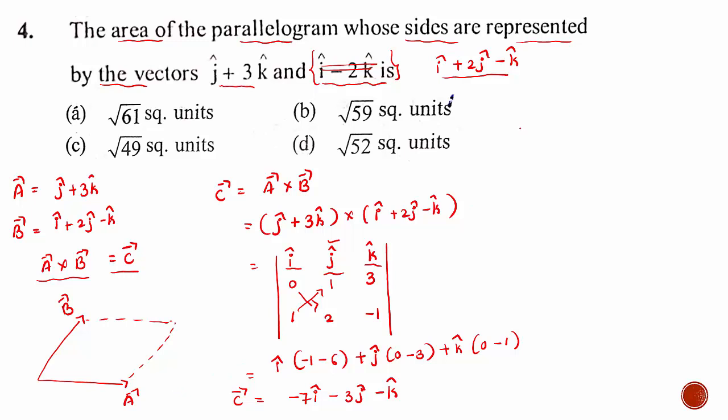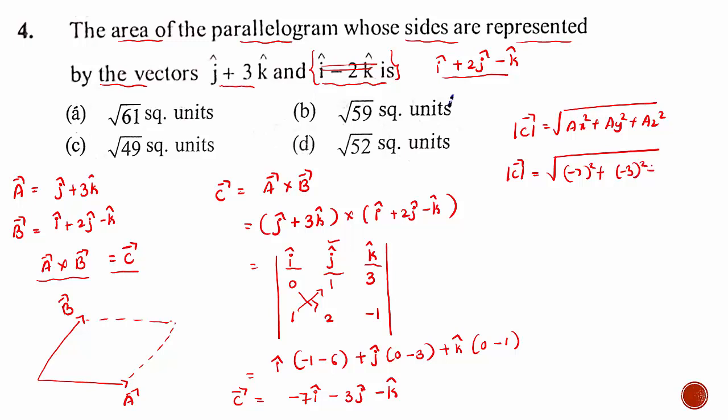So we can use mod C, which is given by the equation square root of ax square plus ay square plus az square. So mod C equals square root of ax square, that is minus 7 square, plus ay square, that is minus 3 square, plus az square, that is minus 1 square.